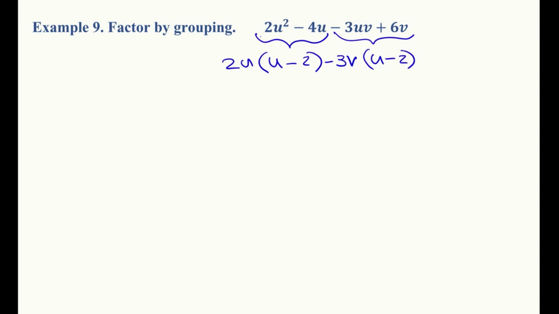Great. Now we notice that firstly we've gone from 4 terms to 2 terms, and we also notice that we now have a binomial GCF. We factor it out, and that leaves us 2u minus 3v.